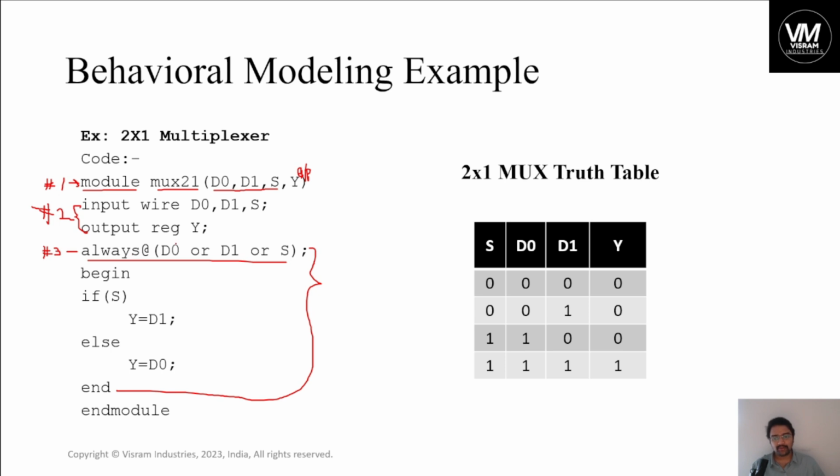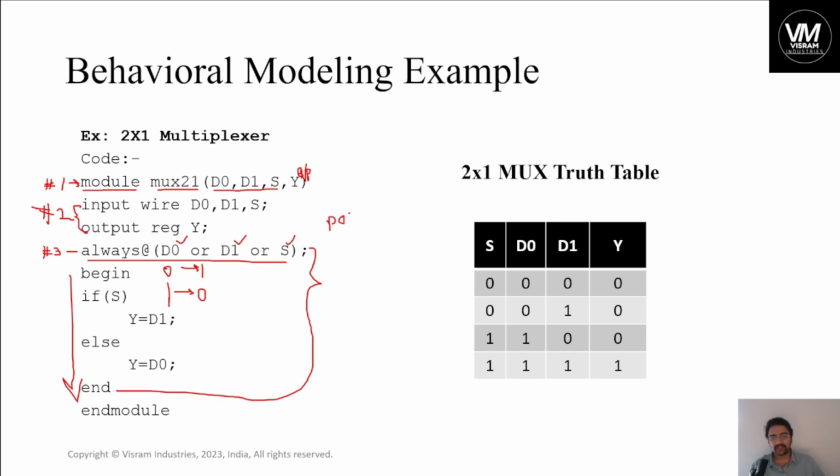Whenever you see a change in input value d0, d1 or s, if any value changes from 0 to 1 or 1 to 0, for every transition of the data change, the entire process will begin. That's what always @ inputs does.